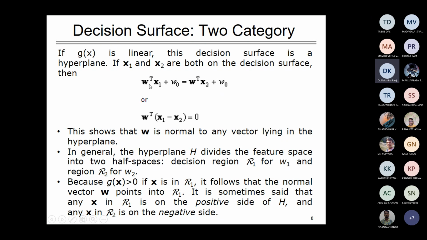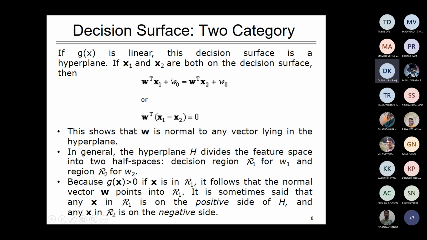When we equate these two functions, we get W transpose x1 plus W0 equals W transpose x2 plus W0. We take the common weight vector W transpose from both these terms, and we get W transpose into (x1 minus x2) equals 0.